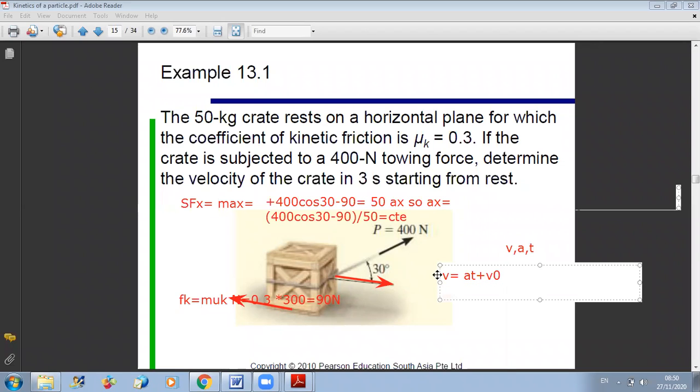Since it's starting from rest, v0 is 0. So V is equal to ax times t, and here we want it for 3 seconds. So V at 3 seconds is simply the acceleration in x times 3.